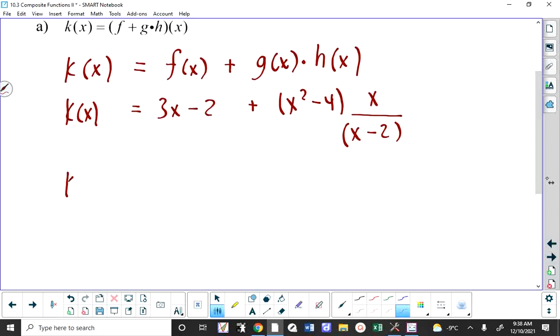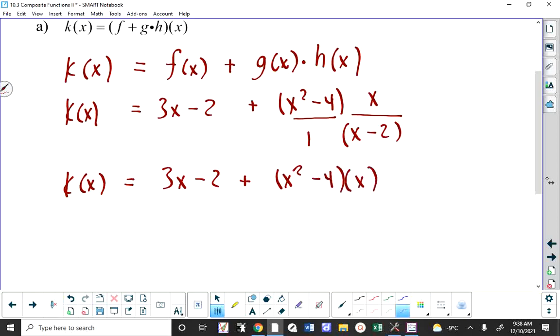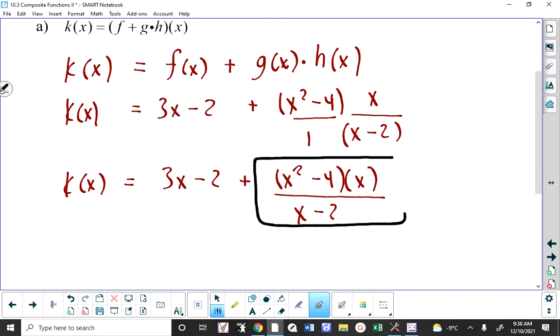What do we get? We get k of x equals 3x minus 2. And then when you multiply, you can multiply across the top. So we get x squared minus 4 times x over x minus 2. I didn't multiply the x squared minus 4 by the x and write x cubed minus 4x because we have to simplify this. This needs to be simplified, and it's a rational expression.